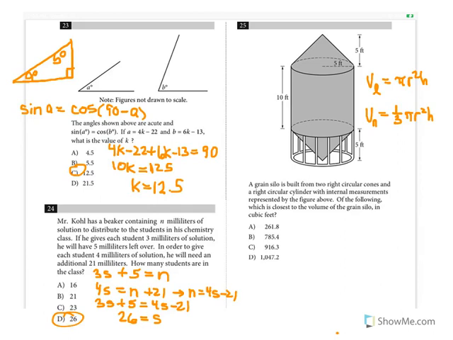So the 2 cones and the cylinder, so we're looking for pi r squared h plus 2 times 1/3, so 2/3 pi r squared h. And then we're ready to plug and chug.